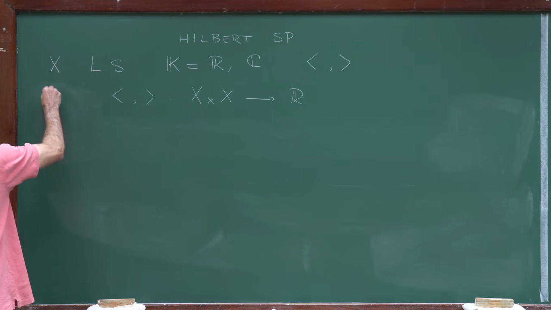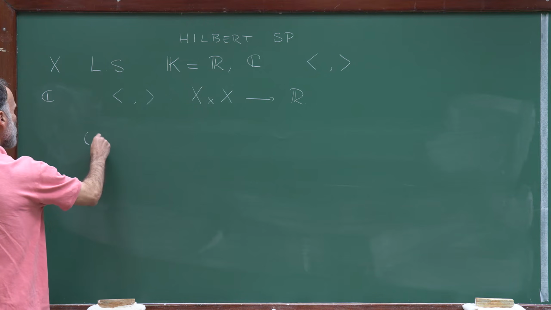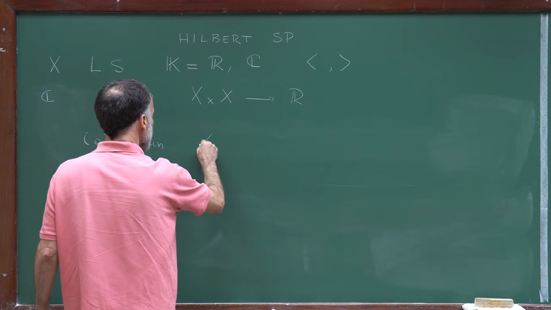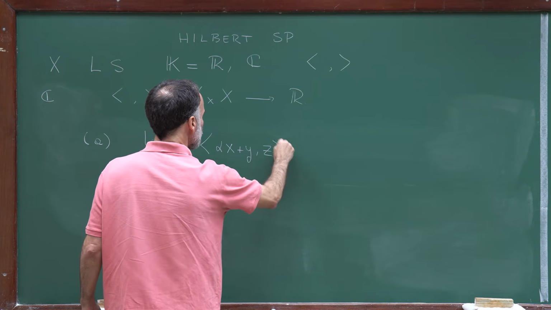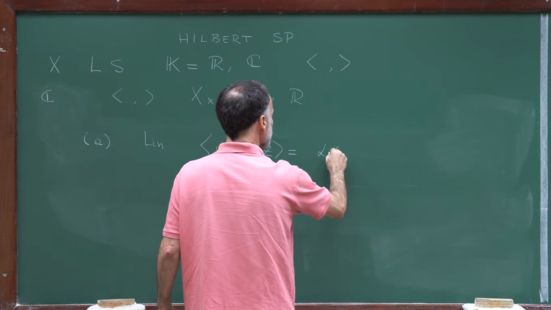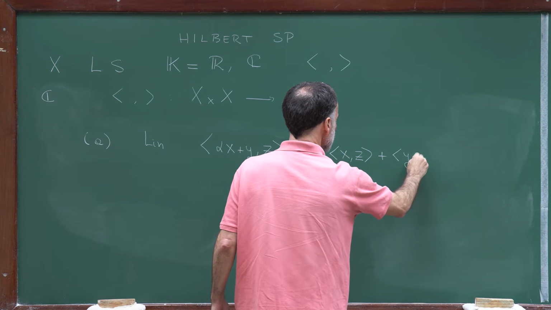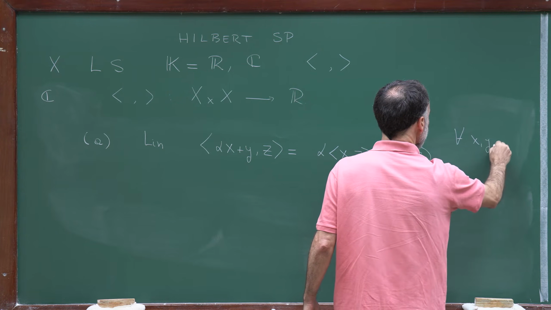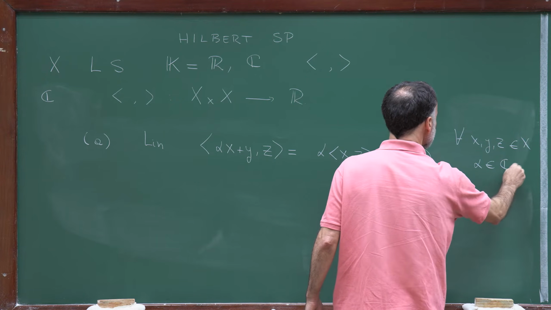Now, in the case in which X is a linear space over the complex numbers, we still have the same condition, which is linearity, which I recall is (αx + y, z) equal to α(x, z) + (y, z). And this again for all x, y, z in X and α in C now.